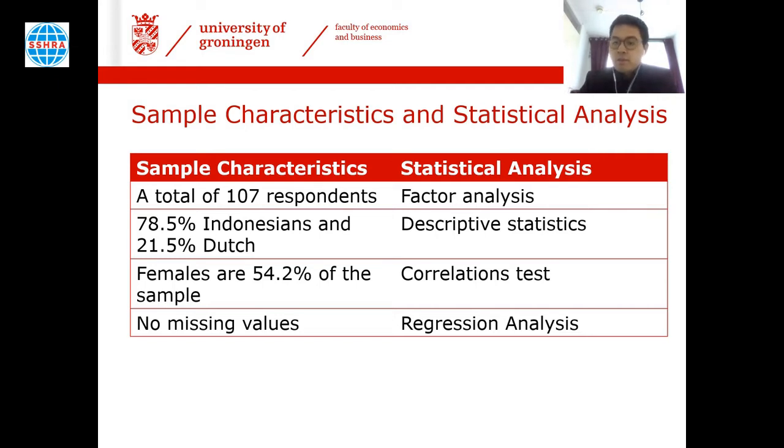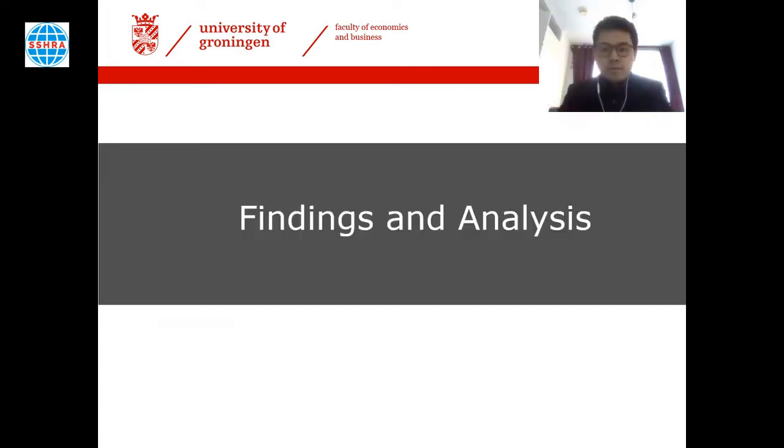The statistical analysis used to evaluate the results consists of factor analysis, descriptive statistics, correlation tests, and regression analysis. Each statistical analysis will be further explained in the findings and analysis section later on. So moving on to the findings and analysis section.